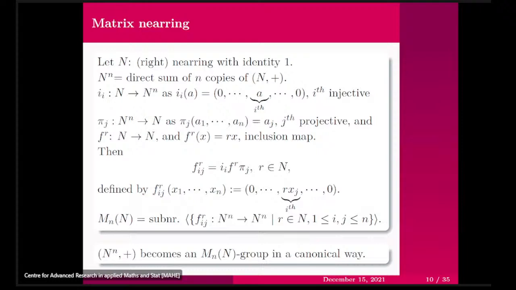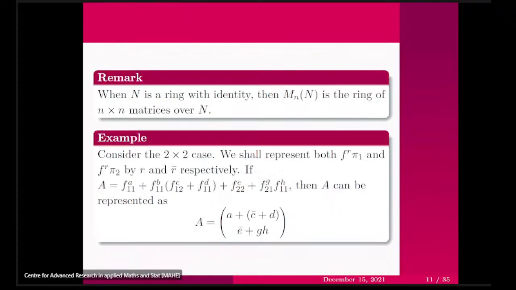The subnearing generated by all such functions Fij is called the matrix nearing, and we denote it as MNN. The maps are defined in such a way that if N becomes a ring with identity, then MNN becomes a matrix ring, and the additive group Mn becomes the MNN group in a canonical way.